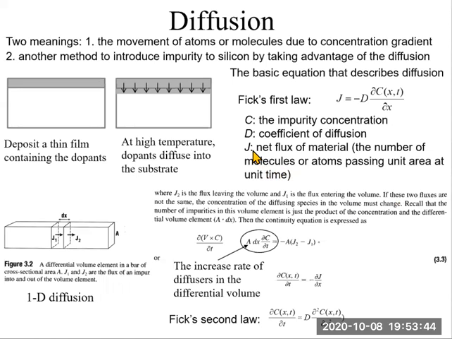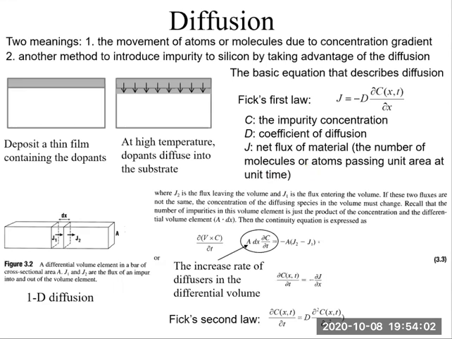So J is the net flux of material, namely the number of molecules or atoms passing unit area at unit time. So what's the unit of J?